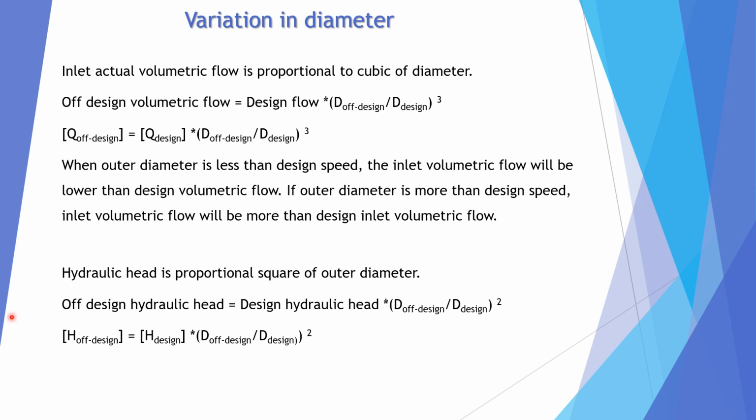Hydraulic head is proportional to square of outer diameter. So we can write H of design is equal to H design into D of design upon D design to the power 2.